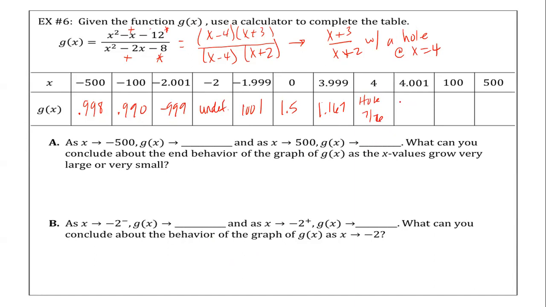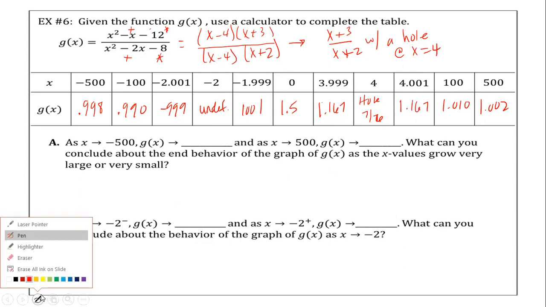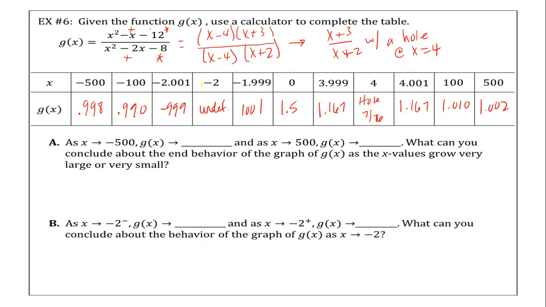And then we have 1.167. Then I had 1.010 and 1.002. These are my discontinuities. Does that make sense? Yes. They're the things in my graph that make it not continuous.